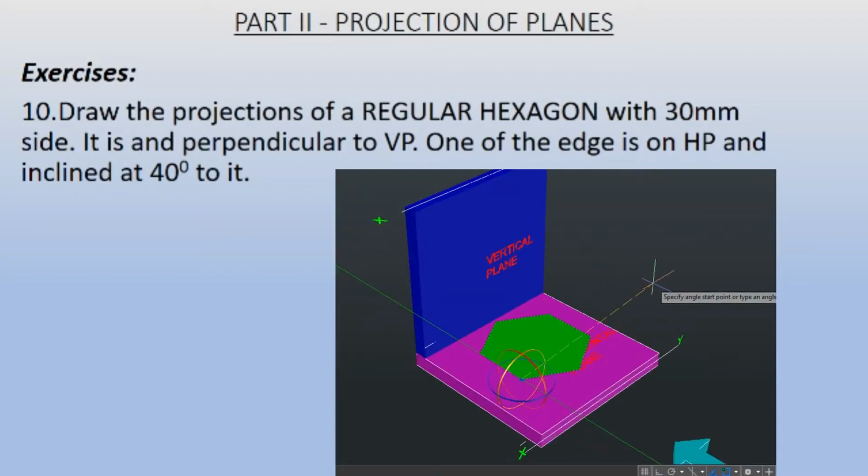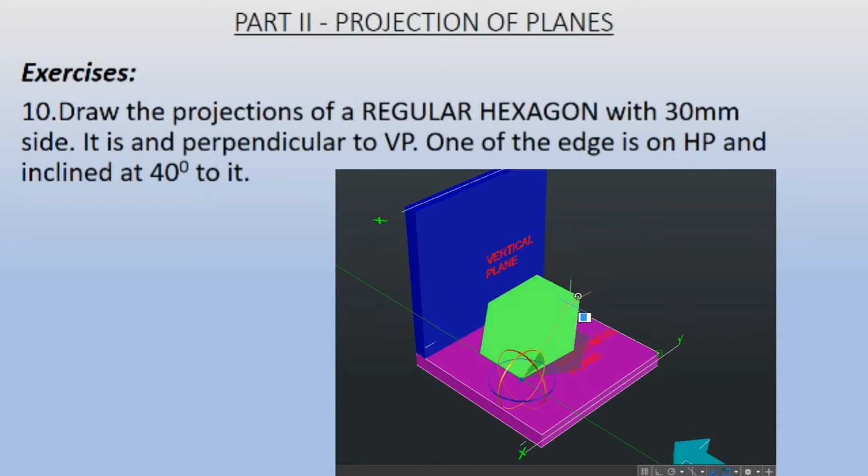So you see that now I am making an angle with respect to the horizontal plane, and in any case of this rotation, this is going to be perpendicular to the vertical plane, because however I keep the hexagonal plane, from the front view it will appear as a straight line. Front view means from this side.